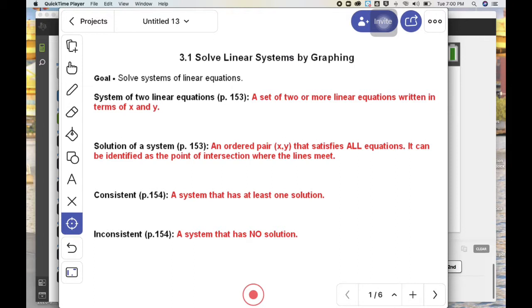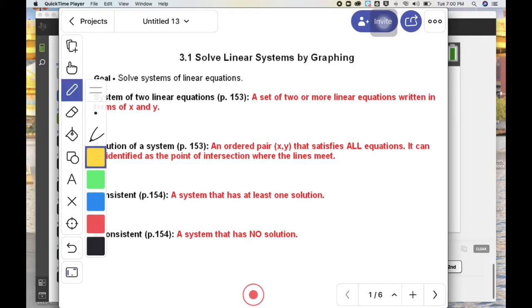A sample system of equations might look something like y equals 2x plus 12. And then in that same system, we might see another equation written as 3x plus 2y equals 17.